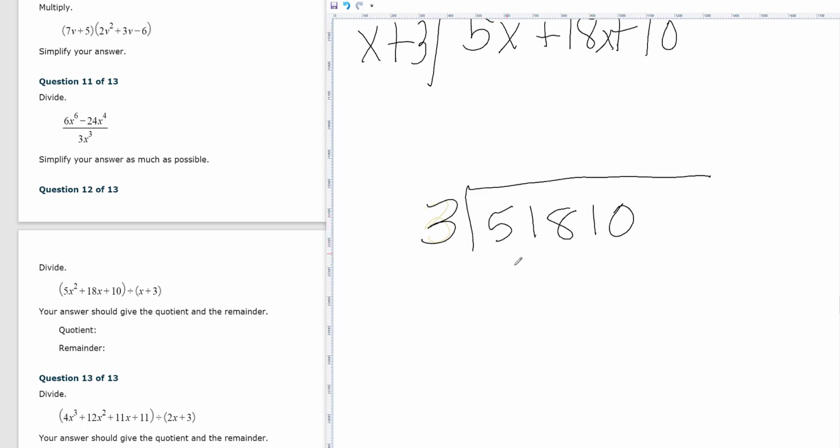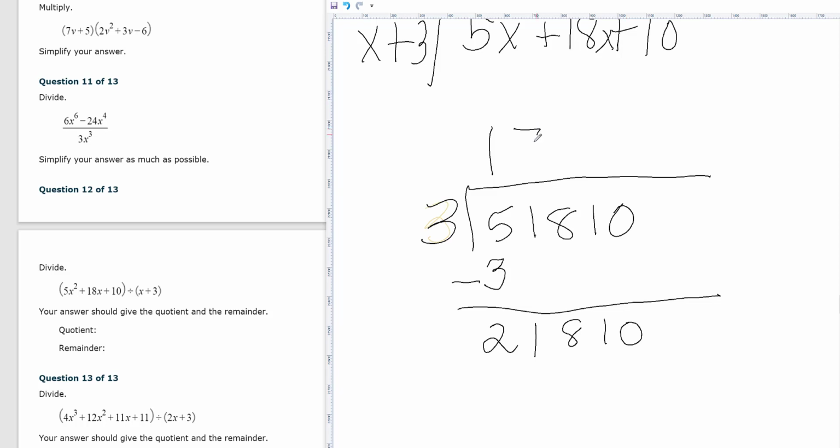I'm going to divide this 3 into this 5 first, and it's going to go one time. And 1 times 3 is 3, and I'm going to write it underneath here, and then I'm going to subtract. So after I subtract, I'm going to bring down, and if you want to bring down the whole thing, you can, or you can bring down one digit at a time. Then I'm going to repeat the process.